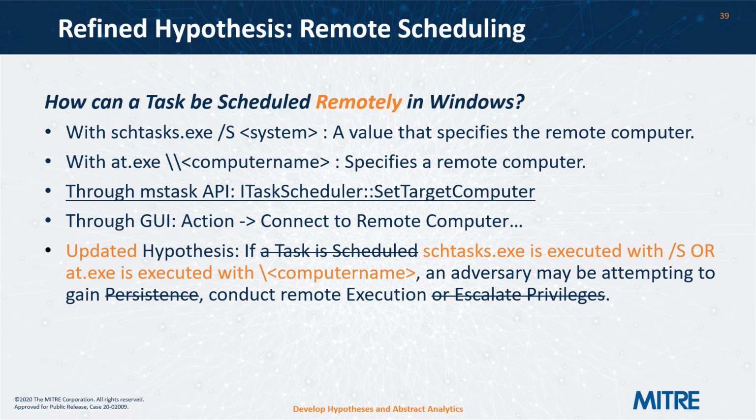We could look for specific invocations of task scheduling and see when they're associated with a remote scheduling event. And that's pretty easy to do for the command line, although it might be a little more difficult if they use API or GUI. And that approach might be vulnerable to evasion by modification of the executable name.